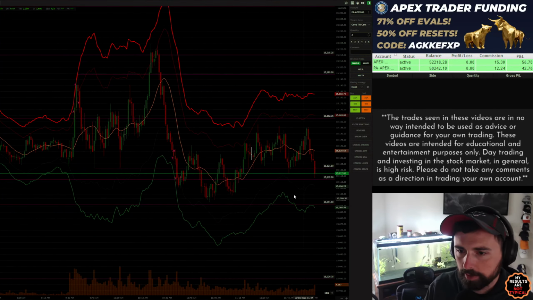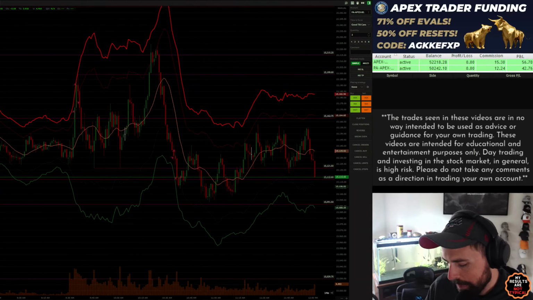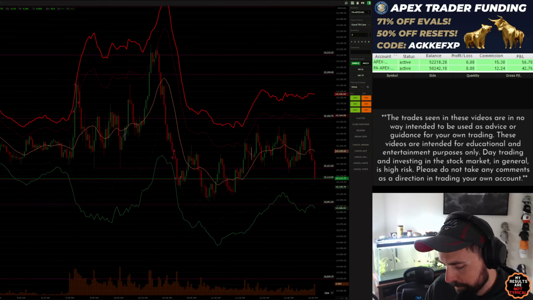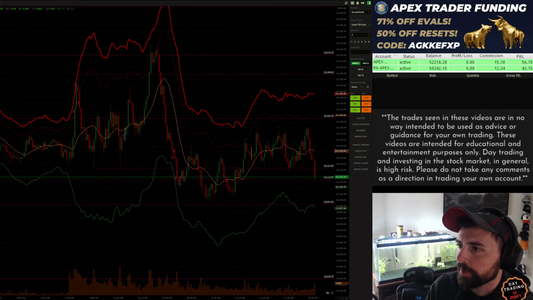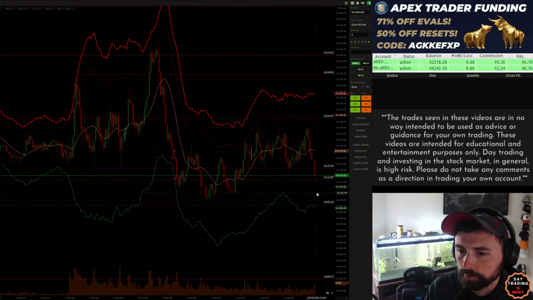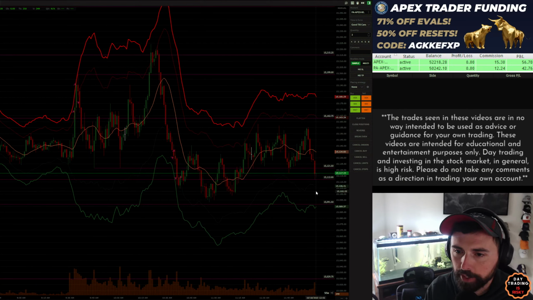Oh, maybe. It'll push down here. I would think if we can spike right into this area from like right now, we would actually get a decent bounce before trying to continue.